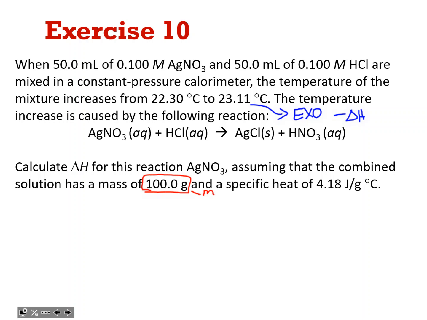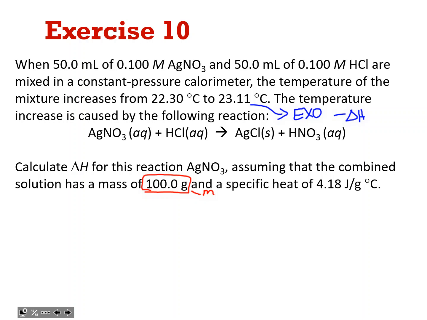Now, another thing: sometimes they'll give you volumes of the solution, and they don't tell you the grams, but they put the density in parentheses next to it. So what should you be able to find if you have the volume and the density? You should be able to find the grams. So if they give you the density, and they do this sometimes in that problem set, they expect you to find the mass from that, okay?